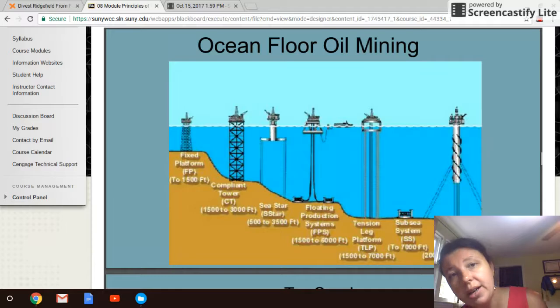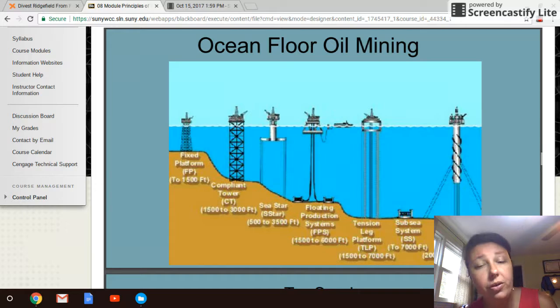As far as other forms, obviously the easy to get at oil is now becoming oil offshore. The stuff that's under land is no longer as viable or usable. And so now we've gotten into these offshore drillings, and these are modern marvel feats.